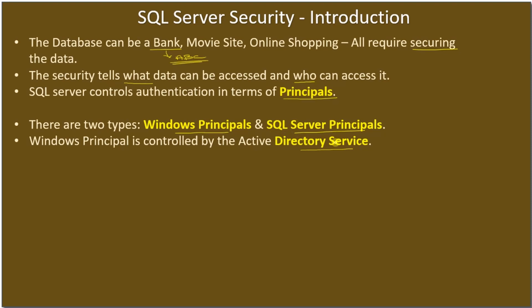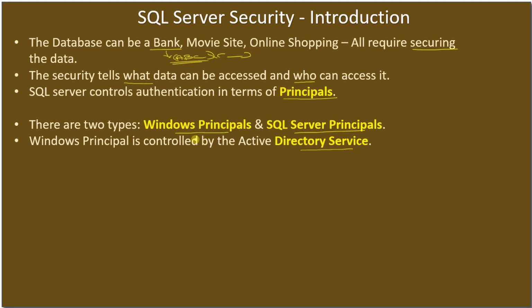So in Active Directory service, there is a possibility of domain name ABC, and inside the domain there may be a specific subdepartment, and in that subdepartment the domain service will be called. So inside the domain, you will have the user account.